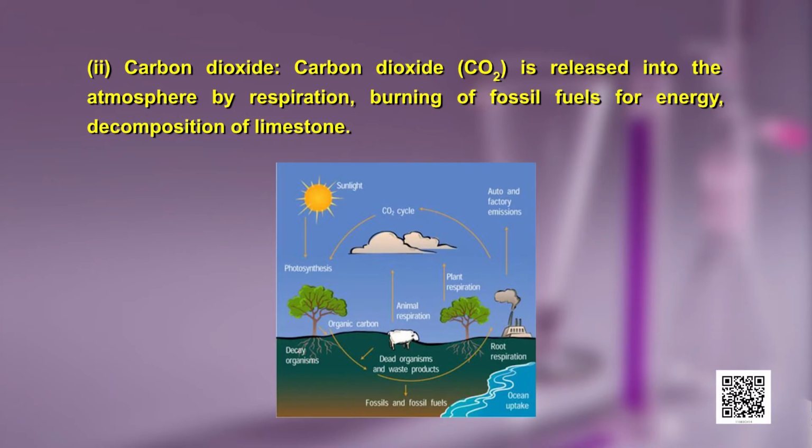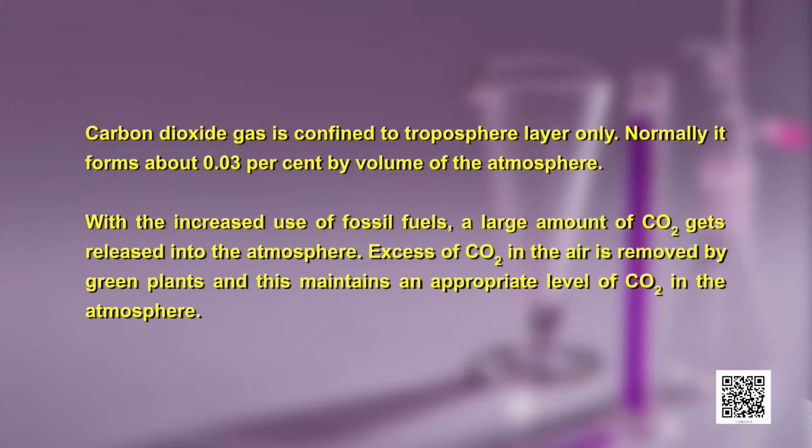Now we will talk about carbon dioxide. Carbon dioxide is released into the atmosphere by respiration, burning of fossil fuels for energy, and decomposition of limestone. It is confined to the troposphere layer only. Normally it forms about 0.03% of the volume of the atmosphere. With the increased use of fossil fuels, a large amount of CO2 gets released into the atmosphere.